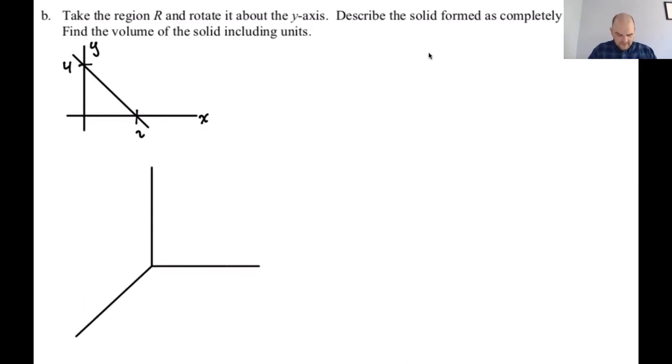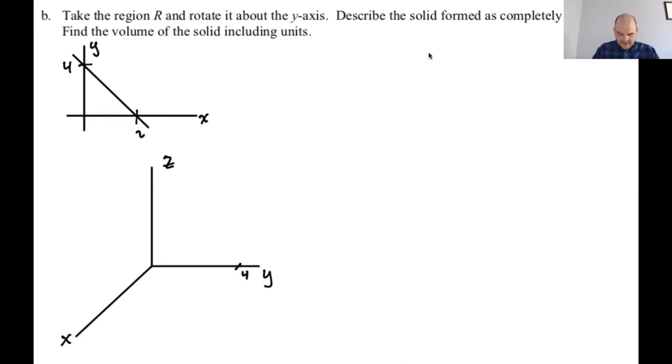All right, let's label this. So that's x, that's y, and that is z. And so what I want to do is take these markings and translate them over to this. So I'm going to start off on the y-axis and do a tick mark parallel to the x-axis and say that that's at 4.